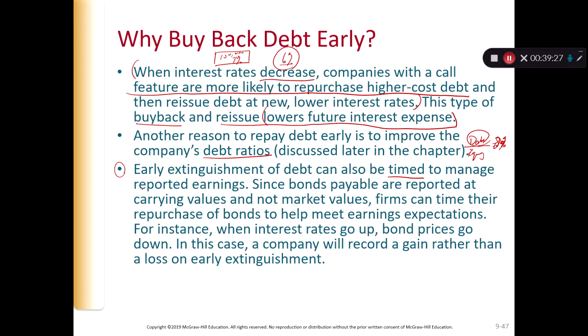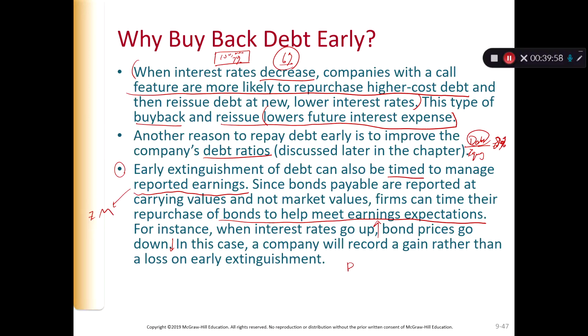the early extinguishment of the debt can also be timed by management to manage reported earnings. It's another way, which we call earnings management. Since bonds payable are reported at carrying value, not market value, firms can time their repurchase of bonds to help meet earnings expectations. For example, when the interest rate goes up, the bond price goes down. Hence, in this case, a company will report a gain rather than a loss on early extinguishment, right?